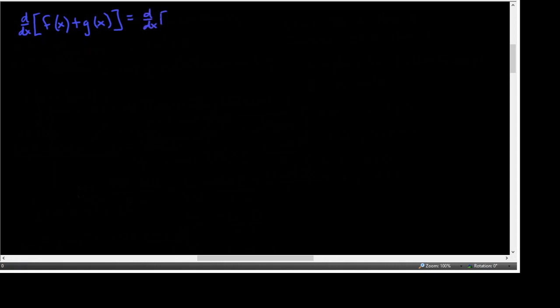So the derivative of the first function plus the derivative of the second function. And so it seems logical to ask the question, what would the derivative of the product of two functions be?